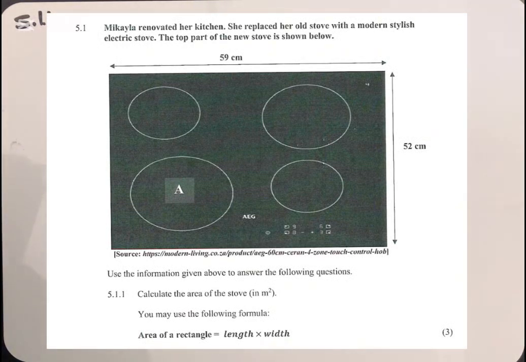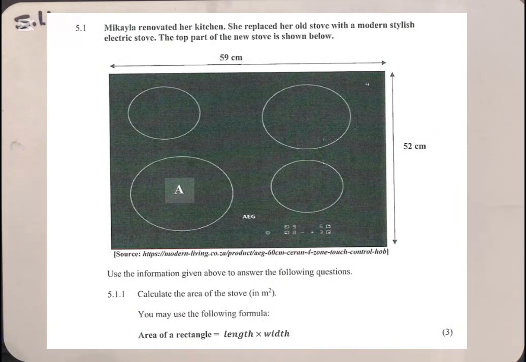If you look at the dimensions here, we can see that we have 59 centimeters as our length and 52 centimeters as our width. Use the information to answer the following questions. The first question: calculate the area of the stove in meters squared. You may use the following equation, length multiplied by width.